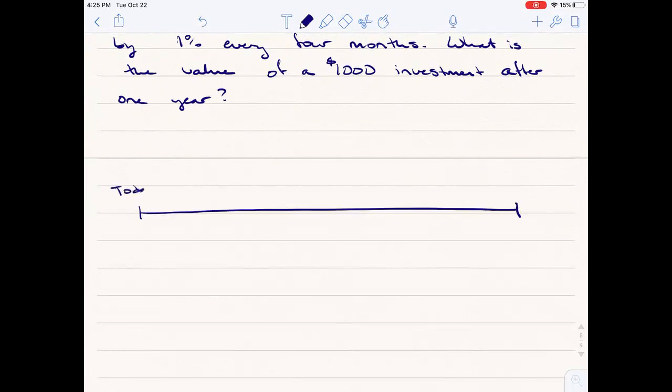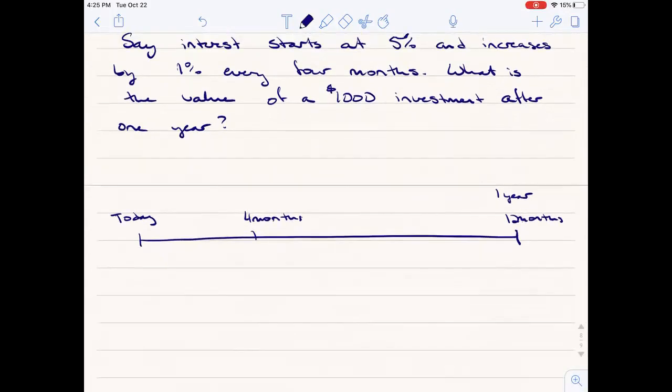So if we start today, and then we've got 1 year, but we're talking about months, right? So at 12 months. So we've got to take at 4 months, right? Because the interest rate is changing every 4 months. And then 4 months after that is 8 months. And then 4 months after that is 12 months, which is the year.